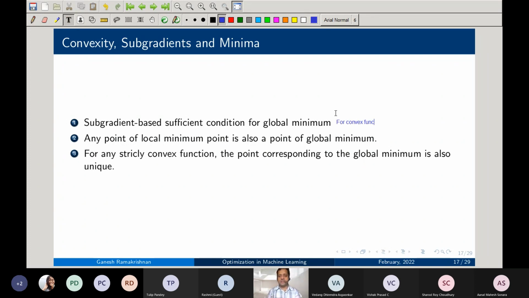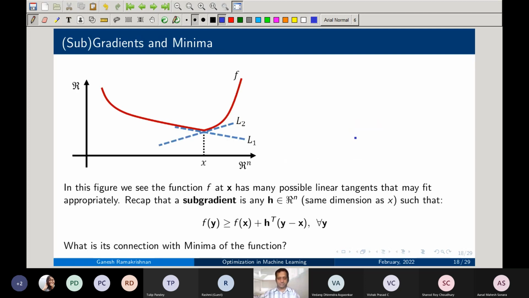For convex functions specifically, a point of local minimum is also a point of global minimum. For a strictly convex function, there is also a unique point of global minimum. Let's understand this a little bit carefully.